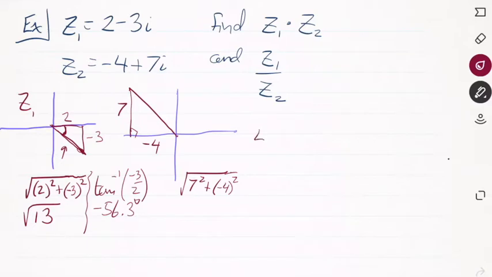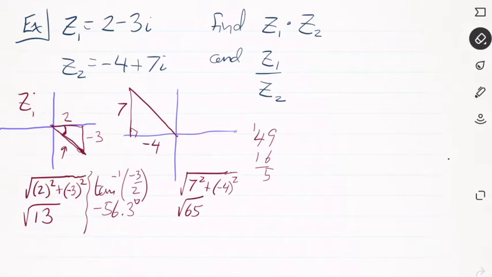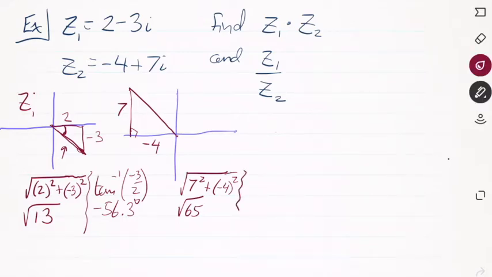That's 65. So that's the square root of 65. All right, and then we'll do tan inverse to get its angle, hopefully.